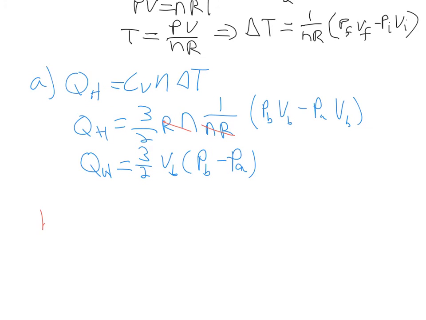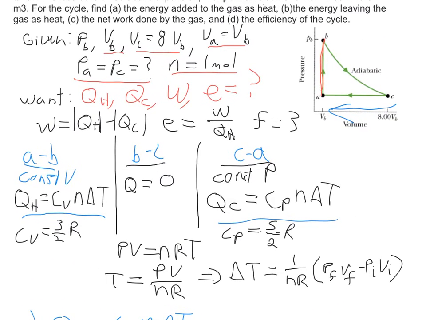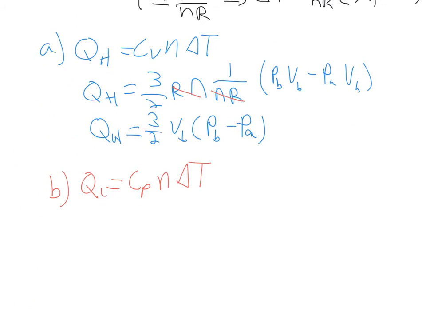Then part B, you do a similar thing. For part B, we have QC equals CP N delta T. Now we're looking at this transition here from C to A. I'm going to skip some steps to save time, but you should be able to do the same steps, subbing in for delta T. You should get to an equation that looks like 5/2.